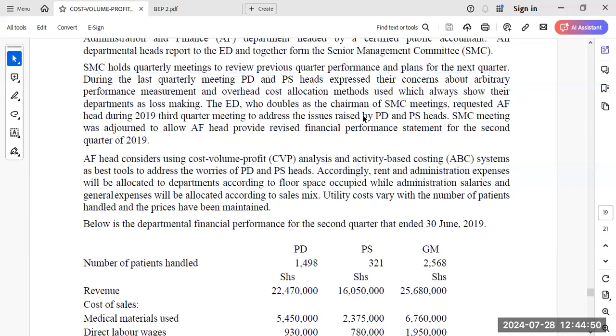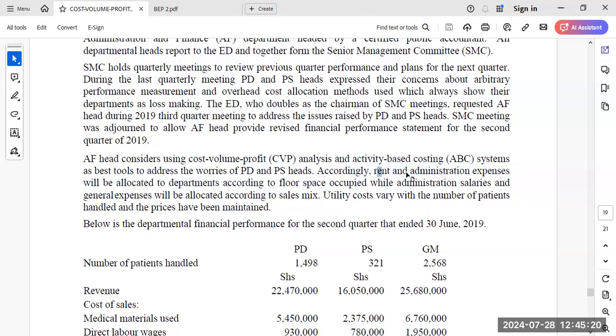So colleagues, here we have two tools, CVP and ABC, which are the best tools to address the worries of the PD and PS heads. Accordingly, rent and administration expenses will be allocated to departments according to floor space occupied. That is the reason why they are giving you this.